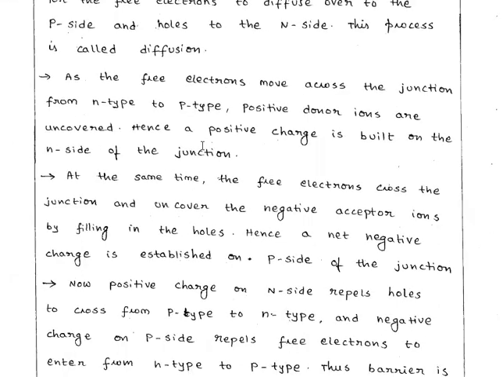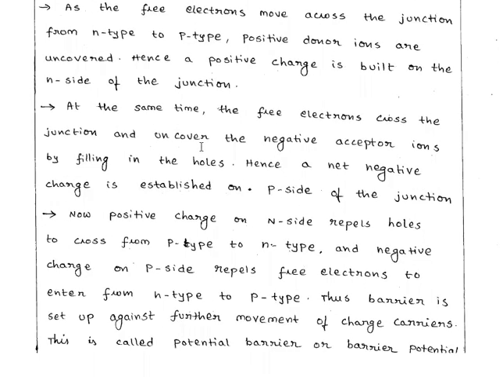As the free electrons move across the junction from n side to p side, positive donor ions are uncovered. Hence, a positive charge is built on the n side of the junction. At the same time, free electrons cross the junction and uncover the negative acceptor ions by filling in the holes. Hence, a net negative charge is established on the p side of the junction.